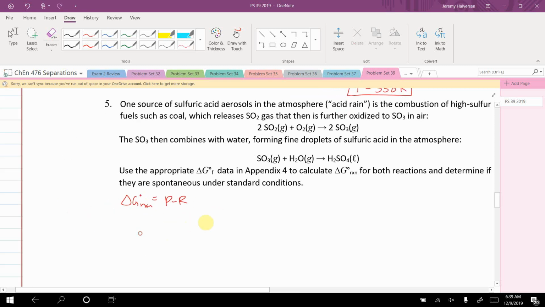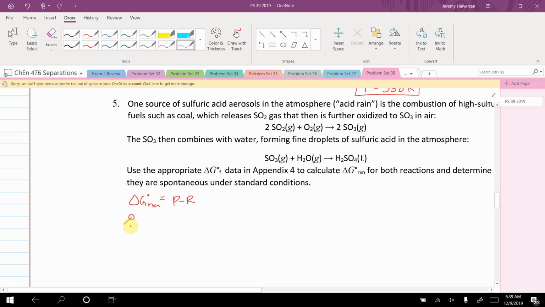So delta G naught for this reaction is going to be 2 times negative 371.1.